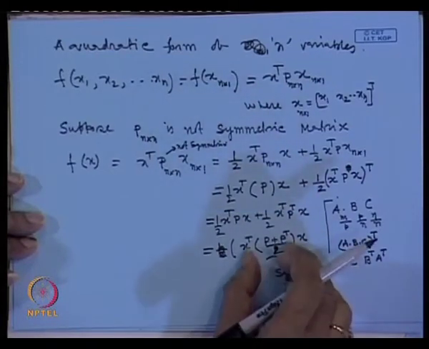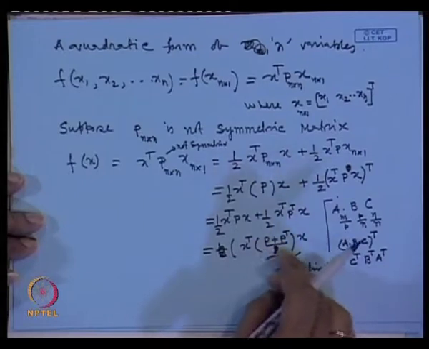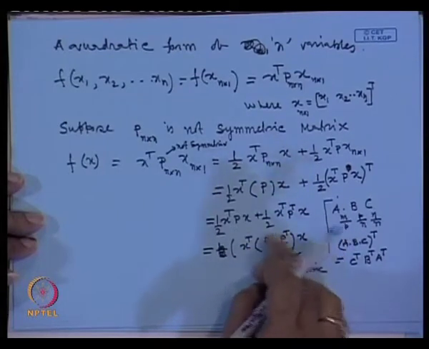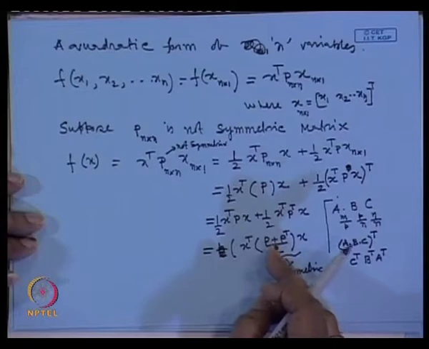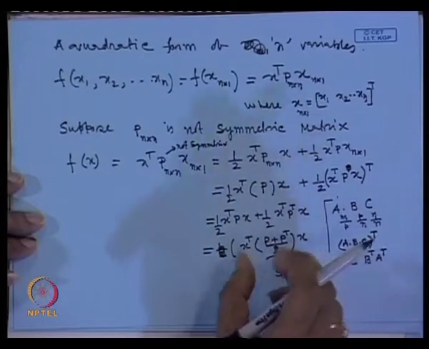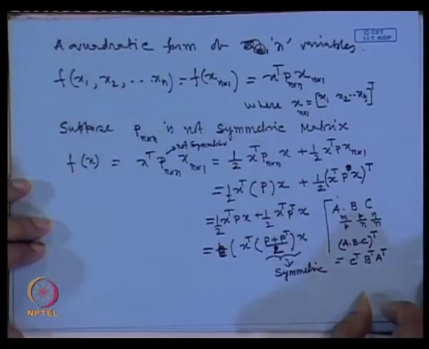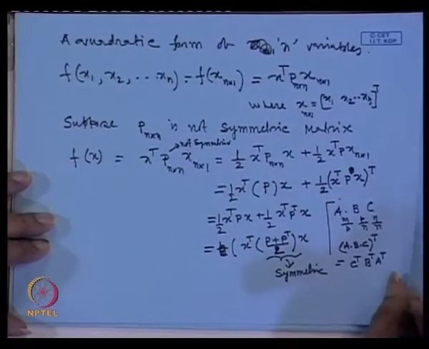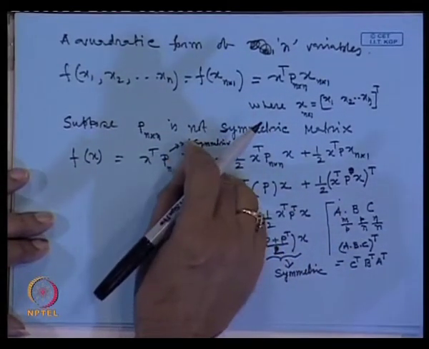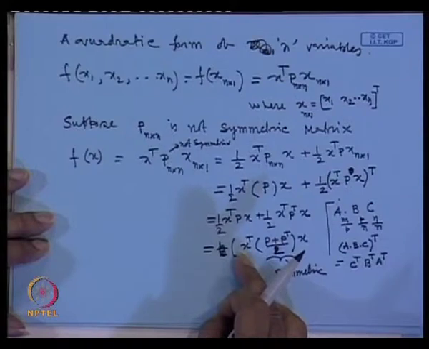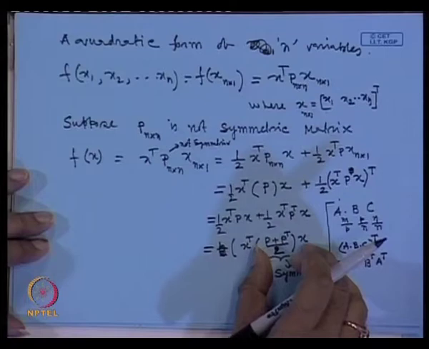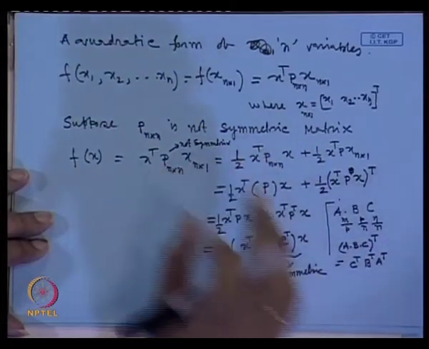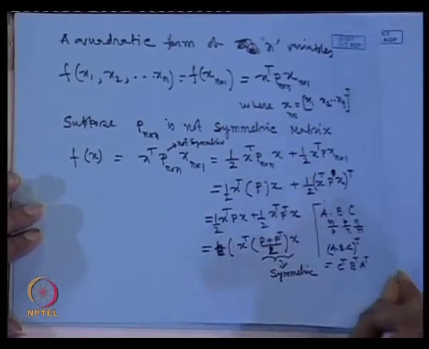The only advantage is that this matrix has now become a new symmetric matrix, but the scalar value of the expression in terms of x will be the same. So, this is our conclusion: even if P is not symmetric, x transpose P plus P transpose by 2 into x is an expression whose values are the same as these values in terms of x.